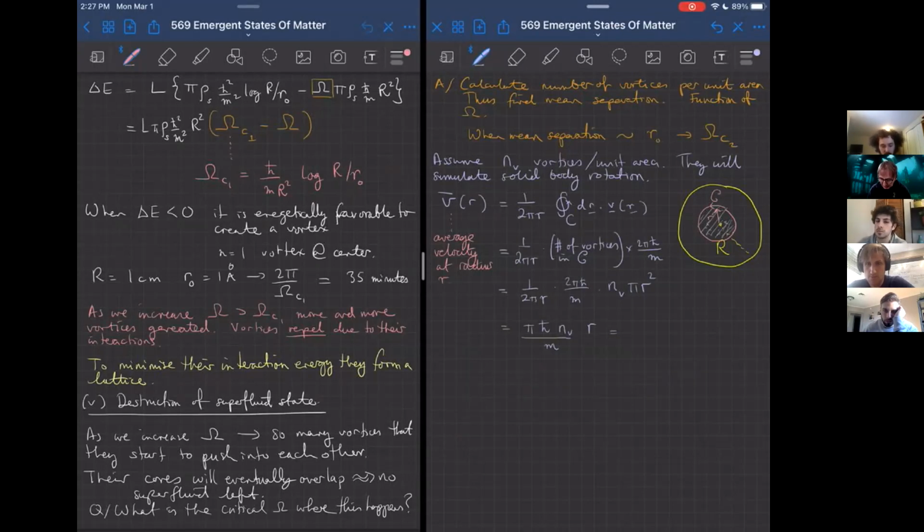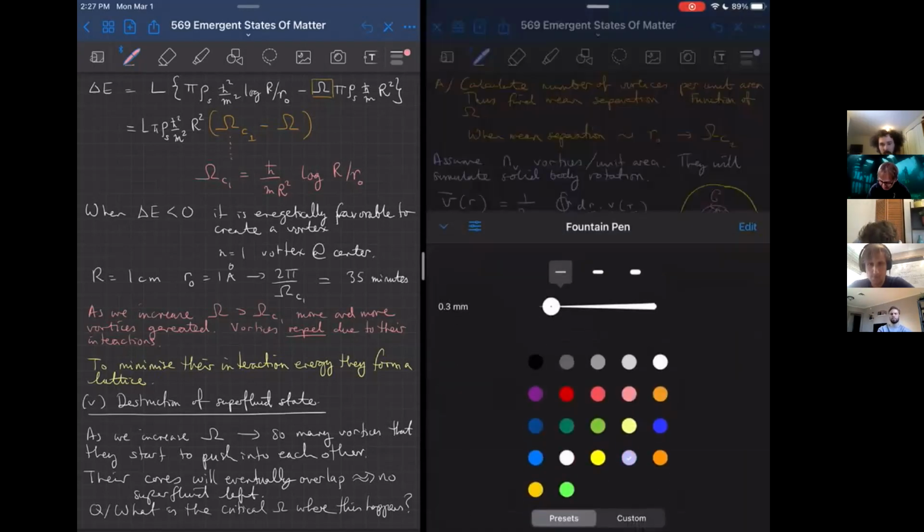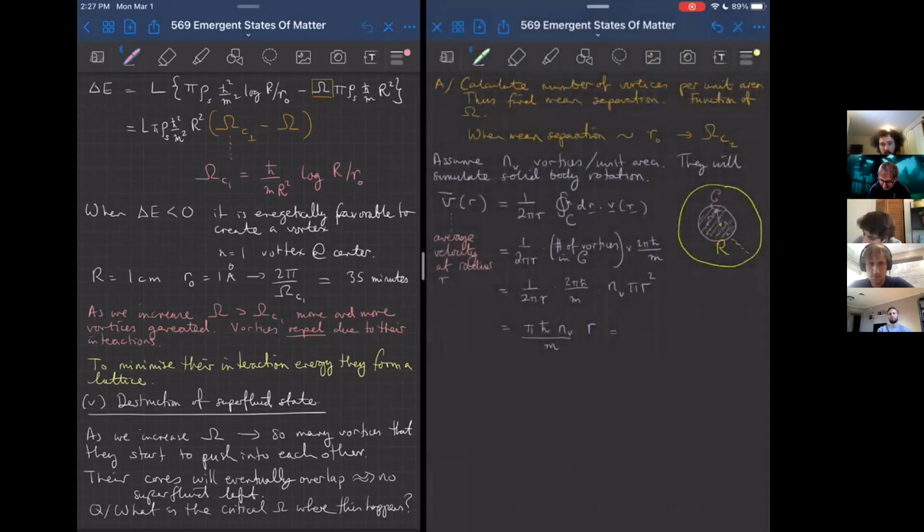That gives me 1 over 2 pi r times the number of vortices there, and the number of vortices contained within this curve is just the area times the number of vortices per unit area. So that's NV pi r squared. And then I just have the other factors in front. And so that simply gives me the formula that I ended up with.